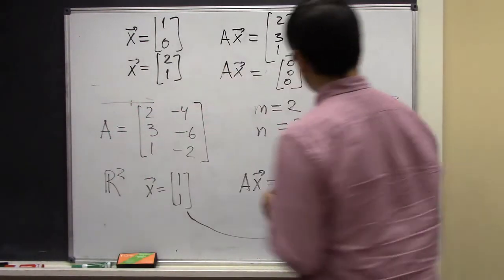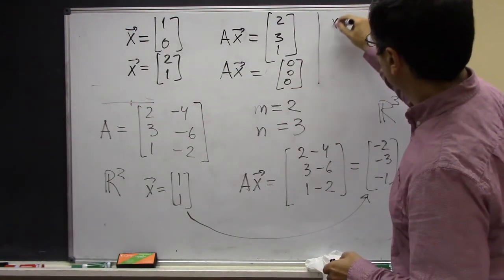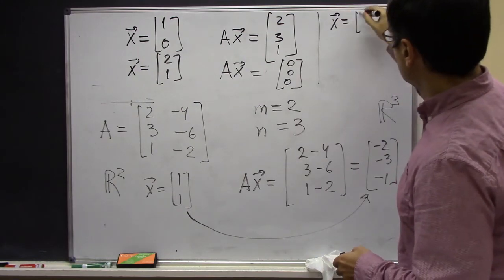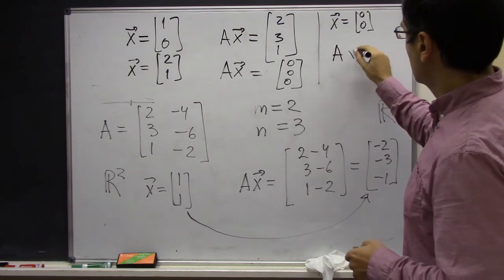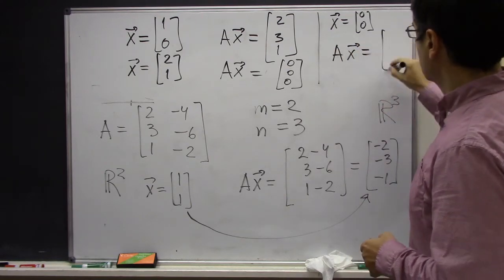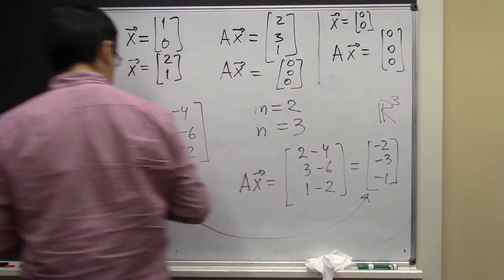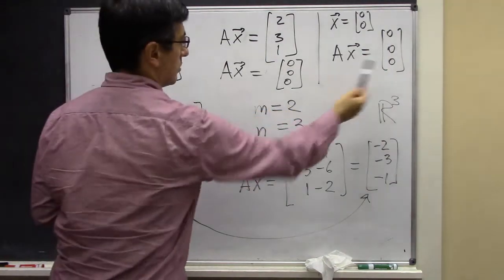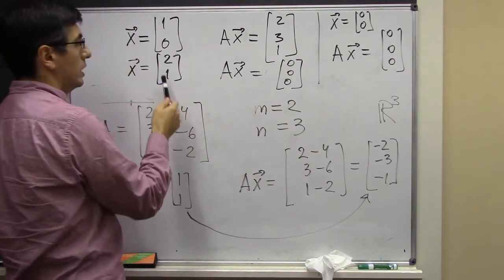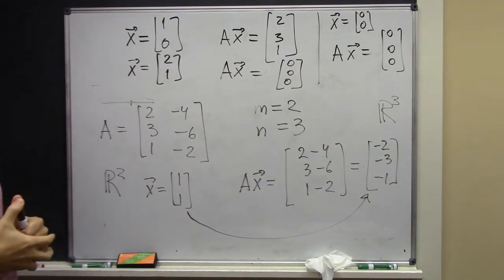Also, you can always take x to be the 0 vector, and this always goes to 0. So then Ax is 0, 0, 0. So what this example shows is that two different vectors can map to the same vector. In this case, 2, 1 and 0, 0 go to the 0 vector in R^3.